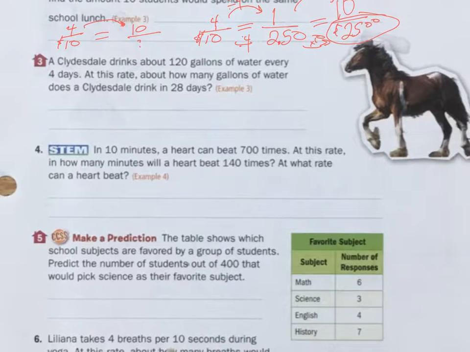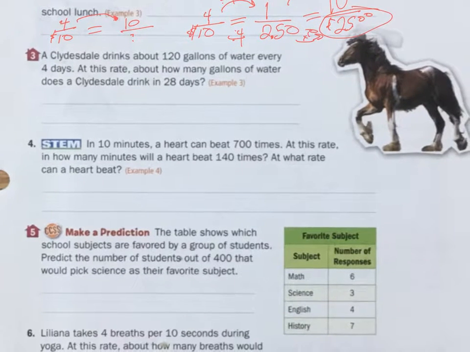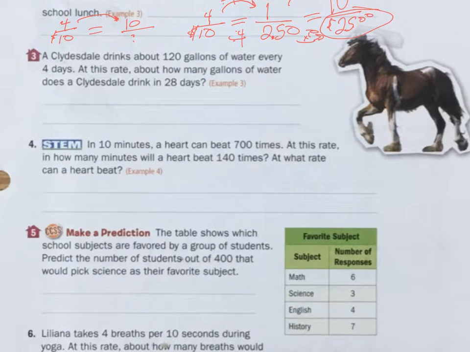Clydesdales. Awesome horses. All right. A Clydesdale drinks about 120 gallons of water every 4 days. 120 gallons every 4 days. Wow. At this rate, about how many gallons does a Clydesdale drink in 28 days? So this is days, and this is days, and the top would be gallons.